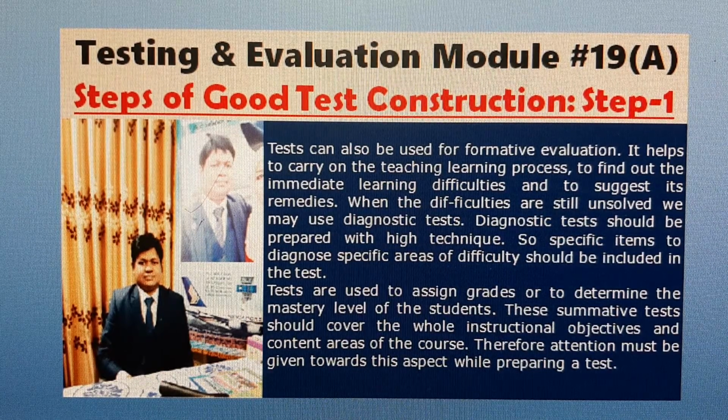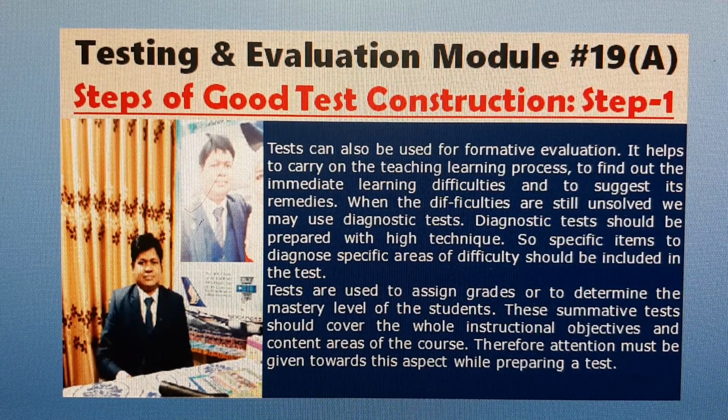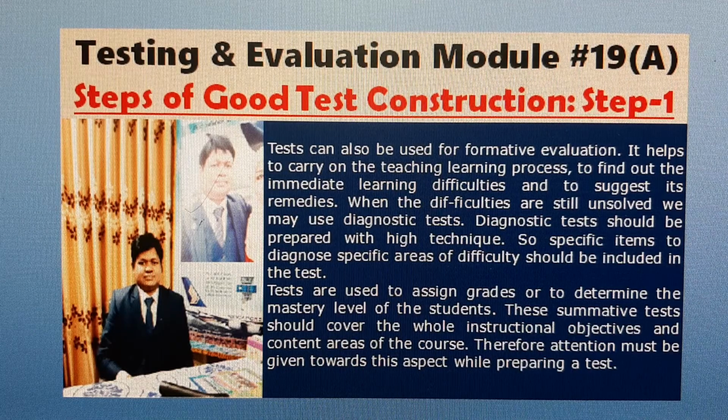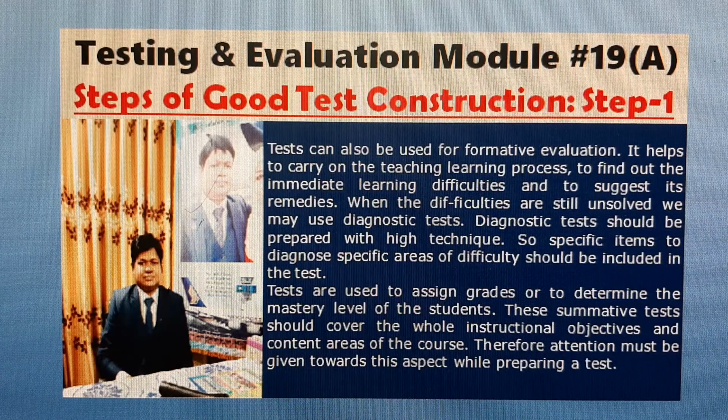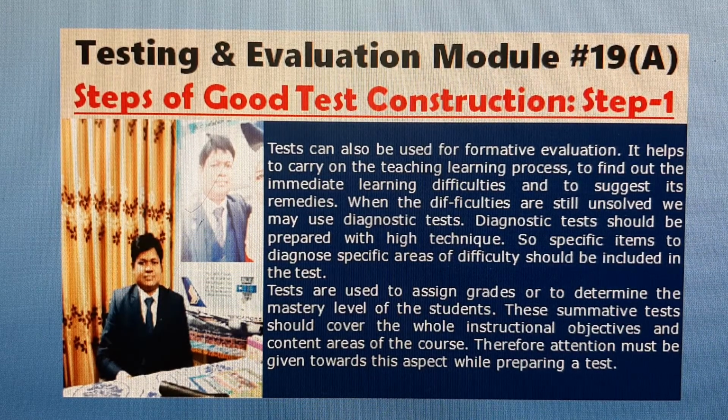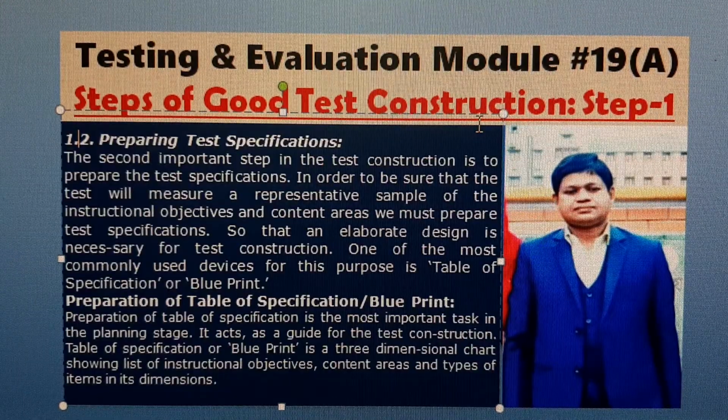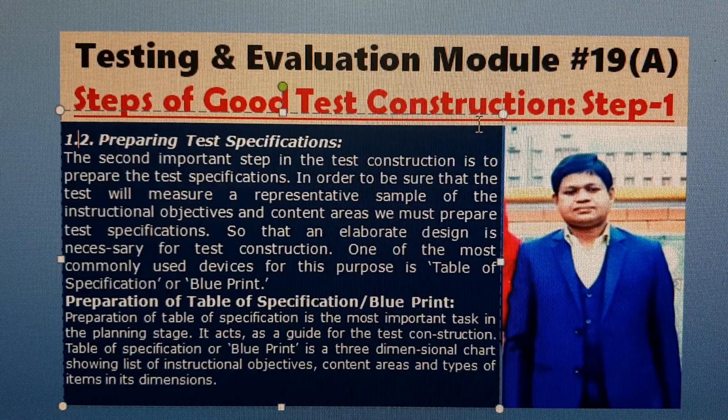Tests are used to assign grades or to determine the mastery or capability level of the students. These summative tests should cover the whole instructional objectives and content areas of the course. Therefore, attention must be given towards these aspects while preparing a test. 1.2. Preparing test specifications.